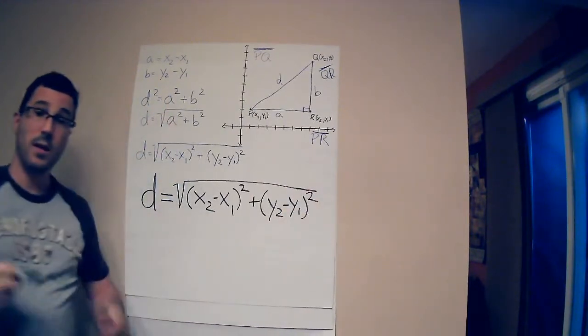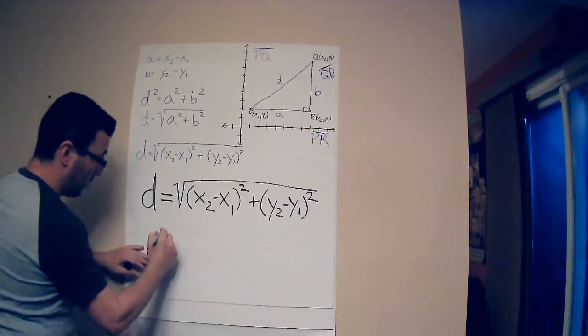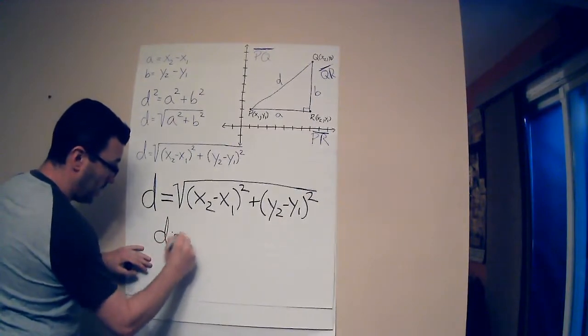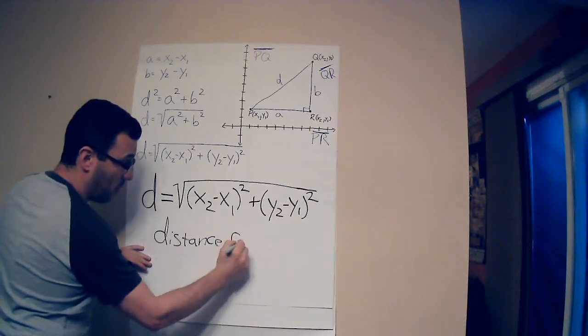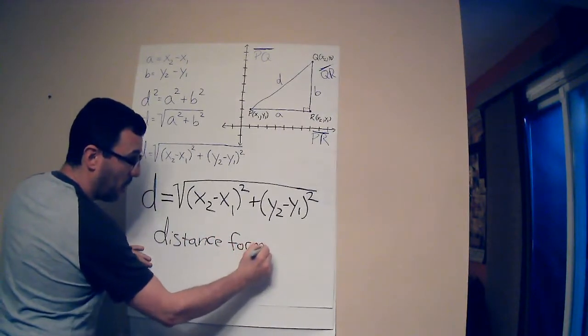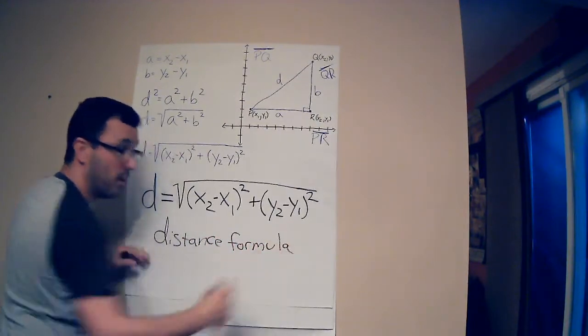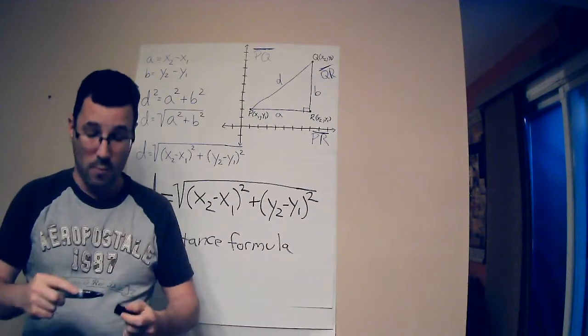Extend that. And that's the distance formula. That's how we derive the distance formula from the Pythagorean theorem formula.